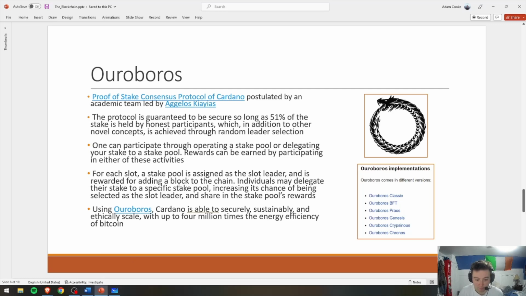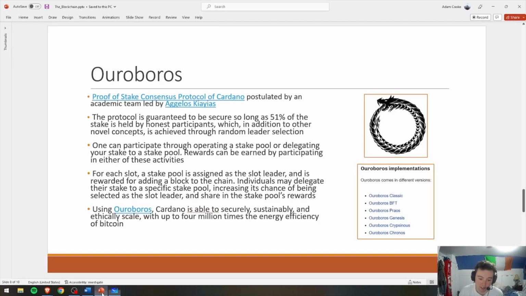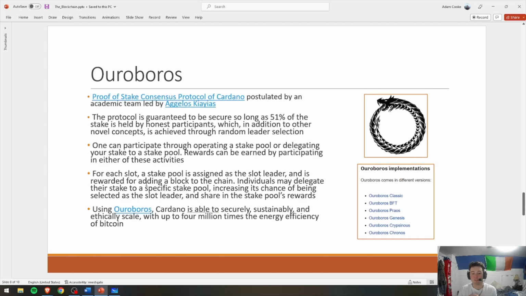Additionally, there are transaction fees that also get created. So between transaction fees and monetary expansion, you get rewards for delegating or operating your own stake pool. And by delegating, you get a share of the rewards, a percentage of it.